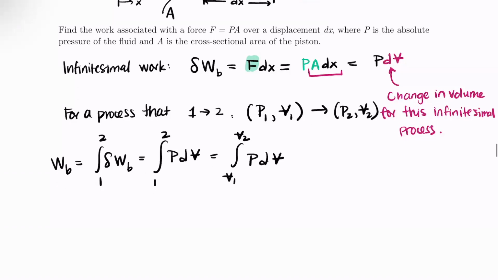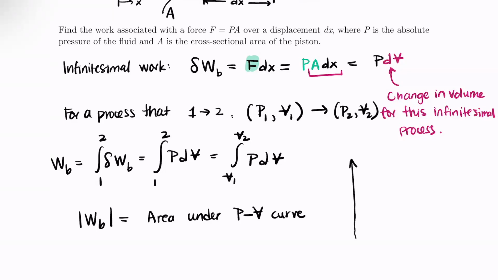So essentially what we're saying is that the absolute value of the boundary work is equal to the area under the PV curve. If you remember, in the last unit we talked about process paths, and I said we were going to chart out a process by comparing two states.